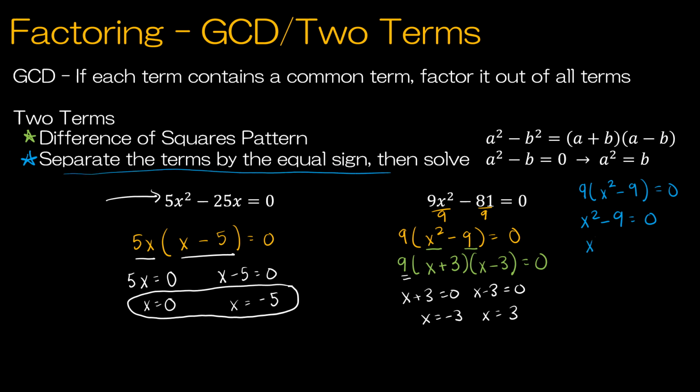So add 9 to each side, take the square root of each side, and I get x equals plus or minus 3. You'll notice that's the same answers I got using the other method.